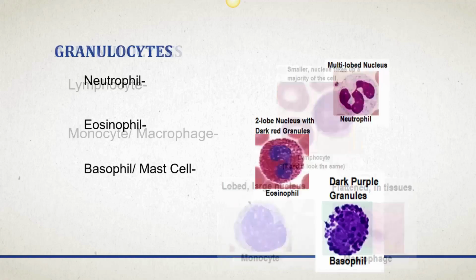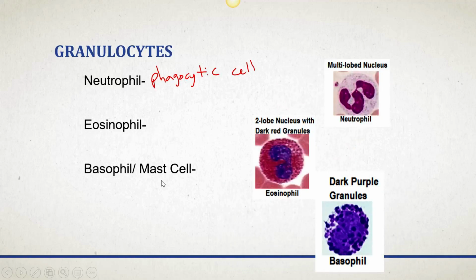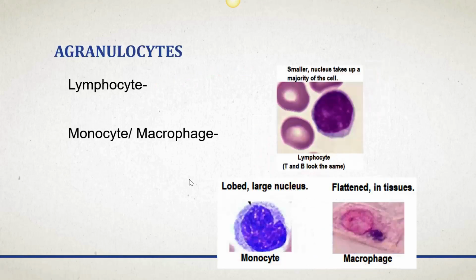And before I forget, the basophil and mast cell, basophils are what we call them when they're in circulation. Mast cell is when they eventually settle in the tissues, kind of like with the monocyte and macrophage. Monocytes are when they're in circulation, macrophage is when they settle in the tissues, but they're basically the same cell, just in a different location.